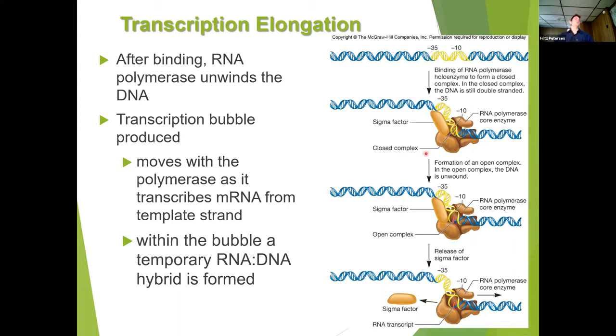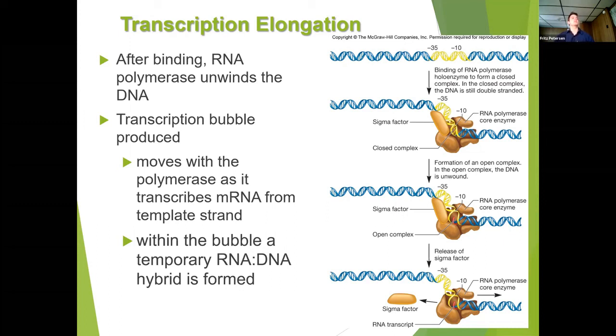After binding, the RNA polymerase unwinds the DNA, which happens over there, and a transcription bubble is produced. Note that this transcription bubble just refers to the region of opened up DNA, and it moves with the polymerase as it transcribes mRNA from the template strand.